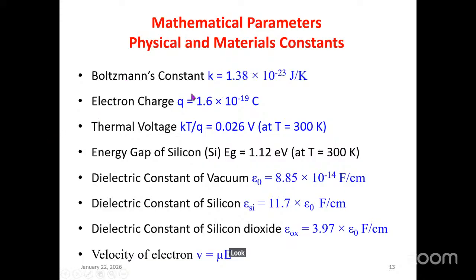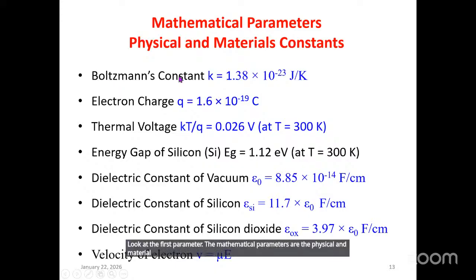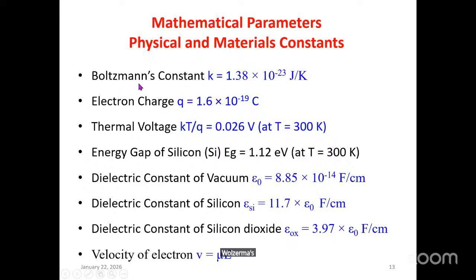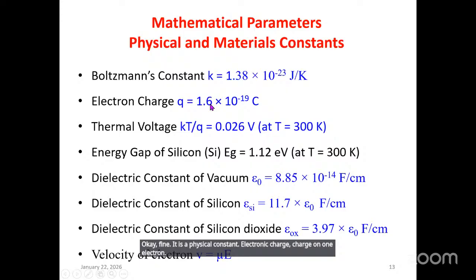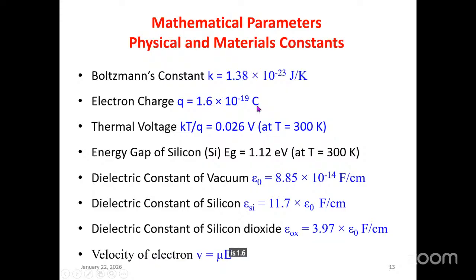Look at the first parameters, the mathematical, physical and material constants. Boltzmann's constant, named after the scientist, is 1.3 times 10 to the minus 23 joule per degree Kelvin. The electronic charge on one electron is 1.6 times 10 to the minus 19 coulomb.